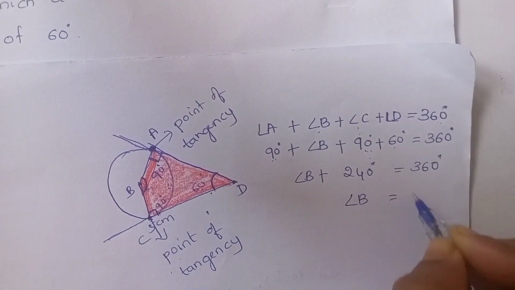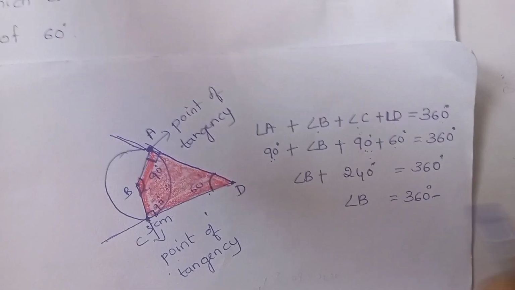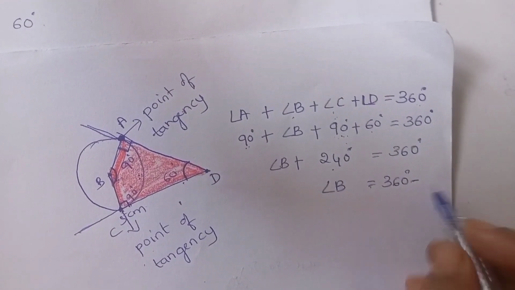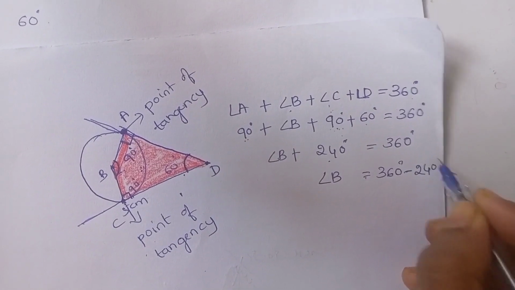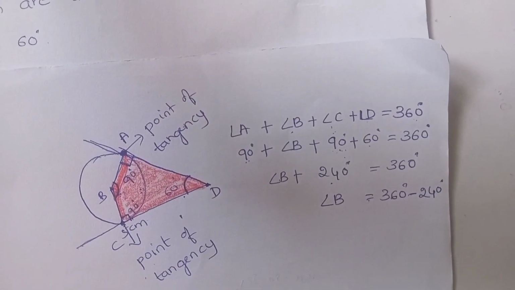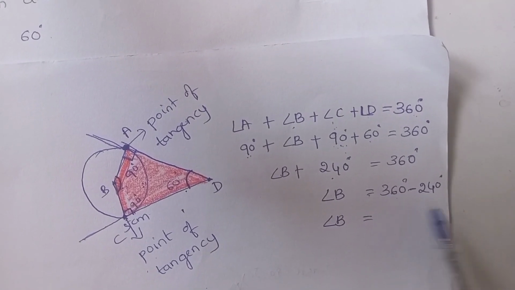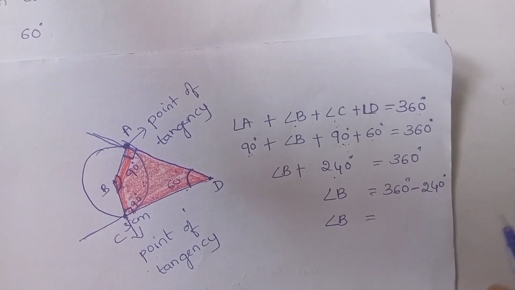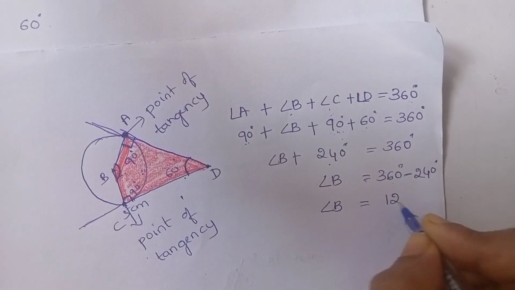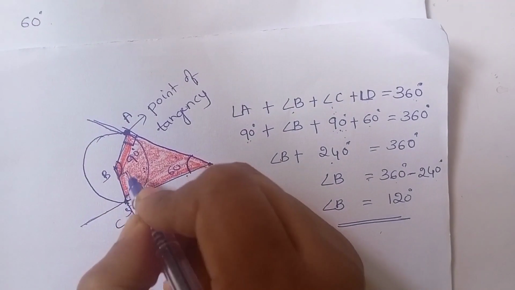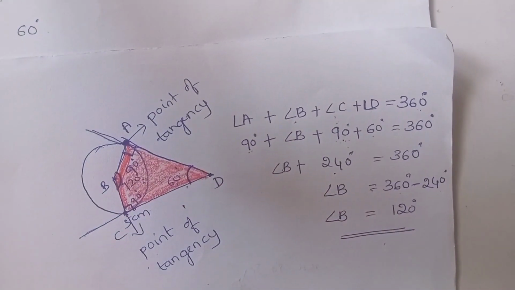Angle B is equal to 360 degree minus 240 degree, when it crosses the equal to sign, it becomes minus. That is, angle B is equal to 360 minus 240, which is how much? 120 degree. Therefore angle B is 120 degree.